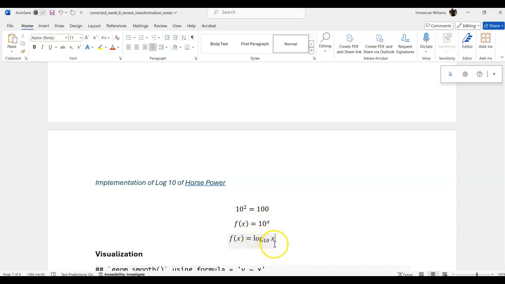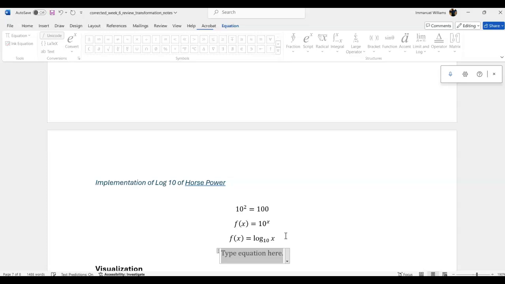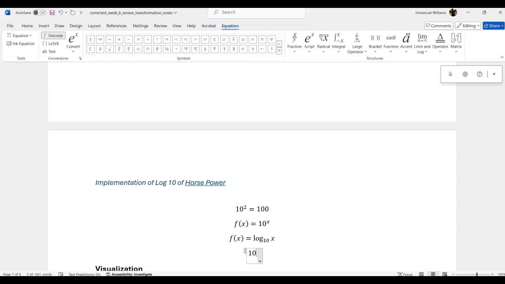What I mean by that is that if I put 2 into this, I'm going to get 100. But if I plug 100 into log base 10 of 100, guess what I'm going to get? I should get 2.